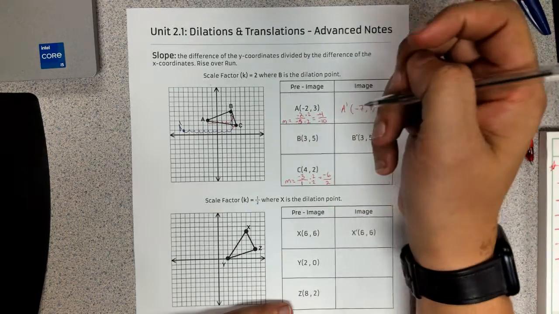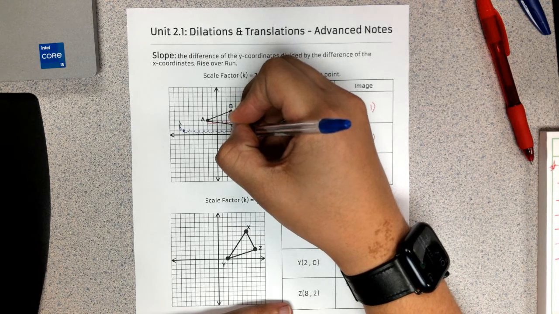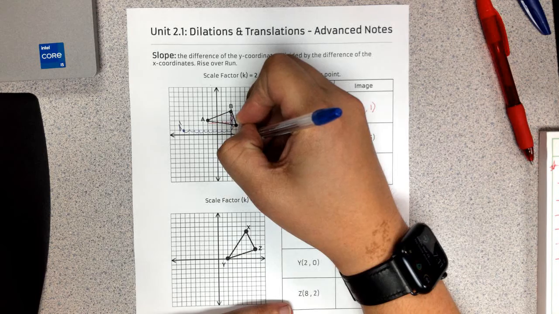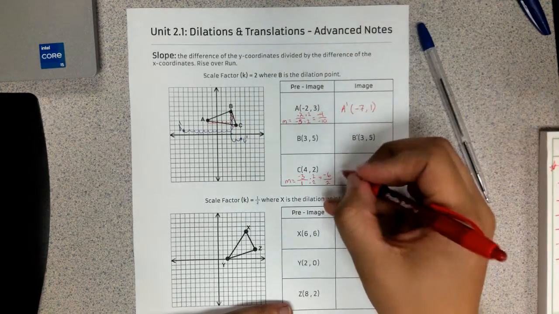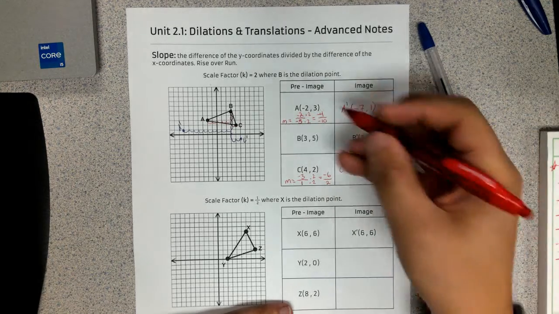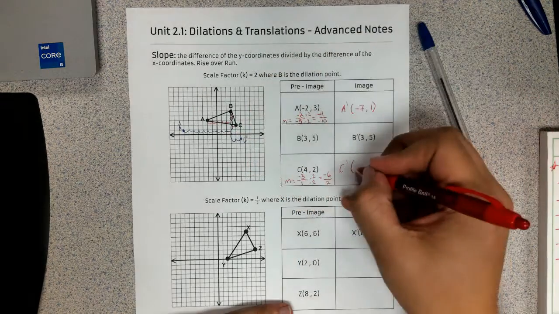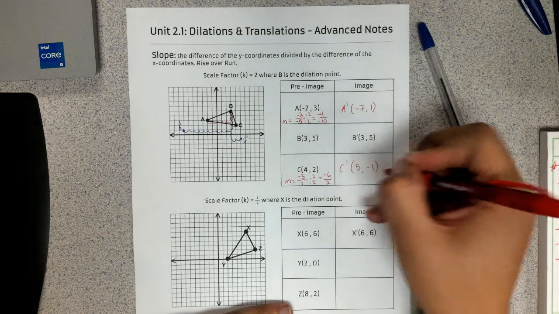And so now we know that we need to go down 1, 2, 3, 4, 5, 6, and then over 2, 1, 2. And we have our C prime, which ends up being 1, 2, 3, 4, 5. So positive 5, comma, negative 1.